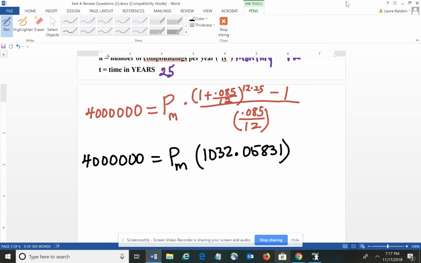Then we're going to do the division, because remember we're trying to solve for P. So I'm going to divide both sides by 1,032.05831.